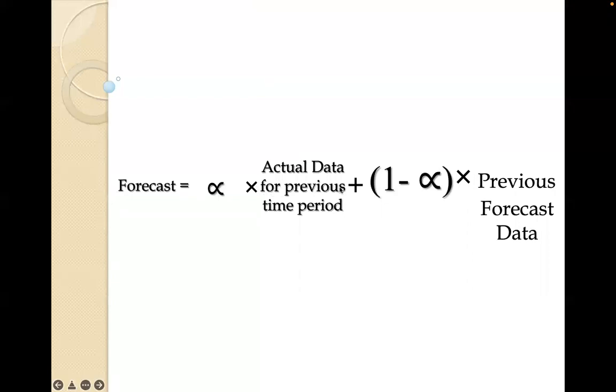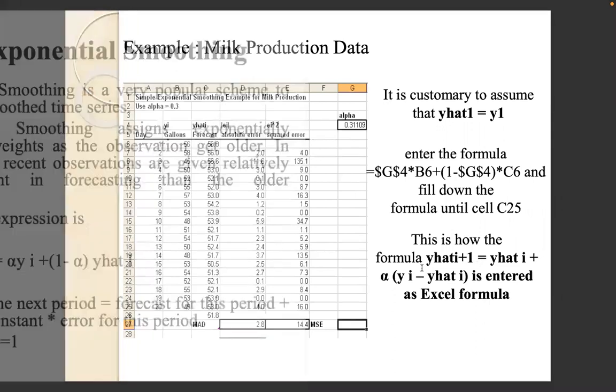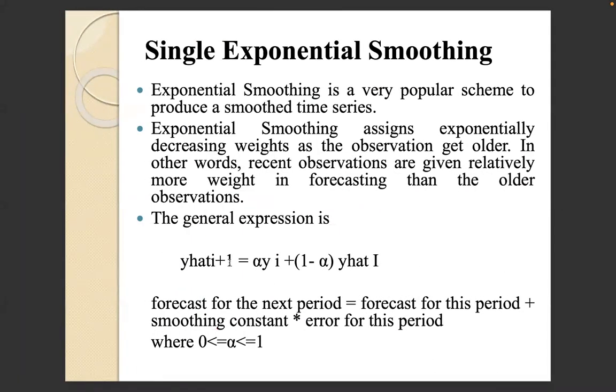Alpha multiplied by the actual data for the previous time period plus 1 minus alpha multiplied by previous forecast. This is the same formula, right? Here, for the next period, y hat i plus 1, in the sense of the next period, alpha multiplied by y i plus 1 minus alpha y hat i, right?